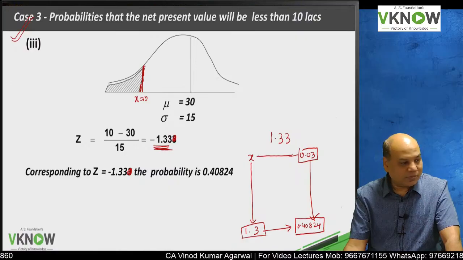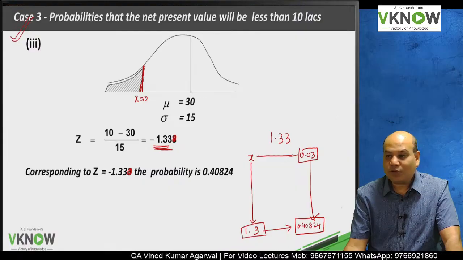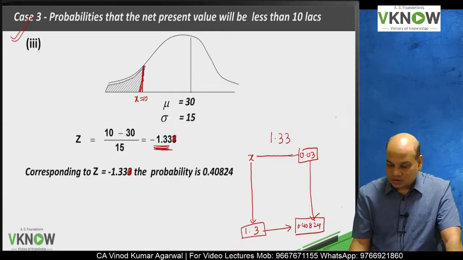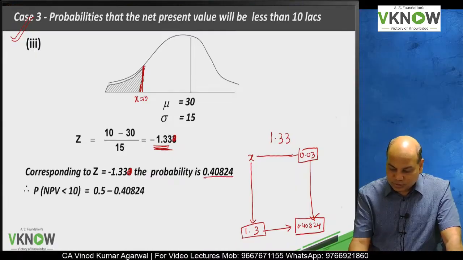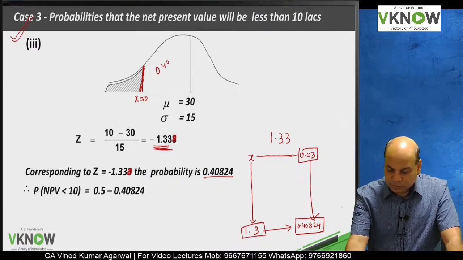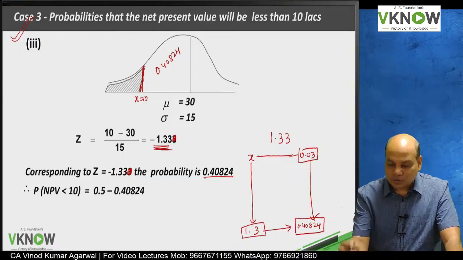You are a businessman, you can deal with expected values, approximate values. You are not a rocket scientist. So 0.40824 is the probability of this area, but I don't want that.